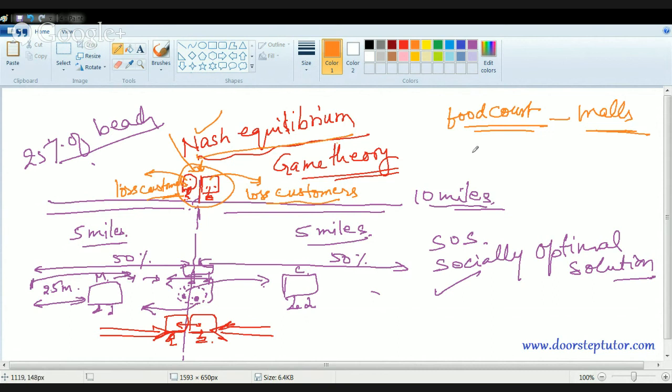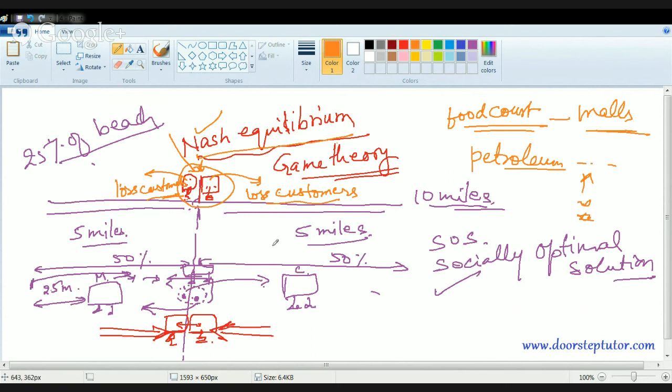If you go out on a highway, you will find all petrol pumps aligned one after another or opposite to one another. So this is the reason why we say that businesses similar in nature are located close to one another. Okay. So this was Hotelling's concept.